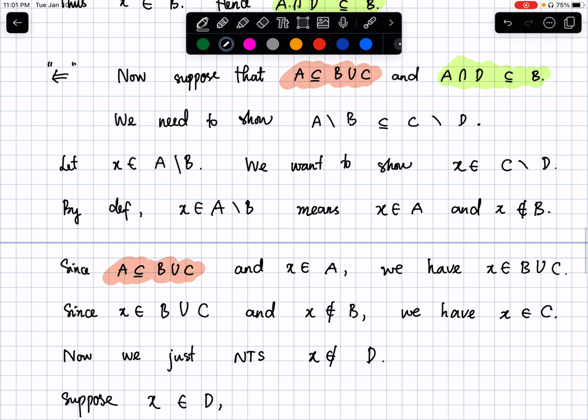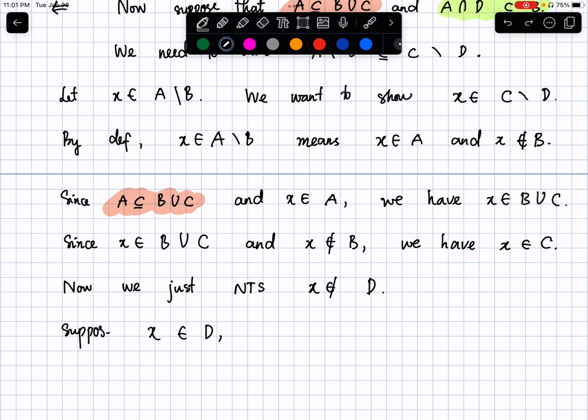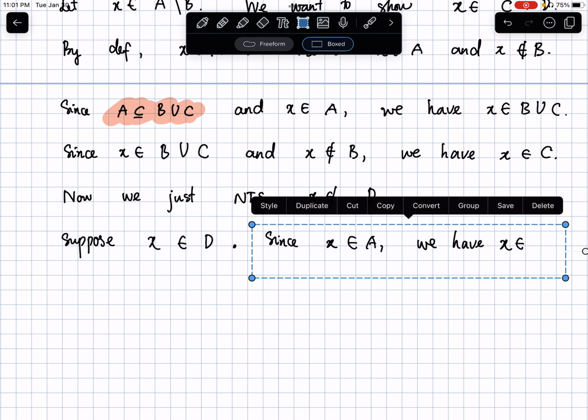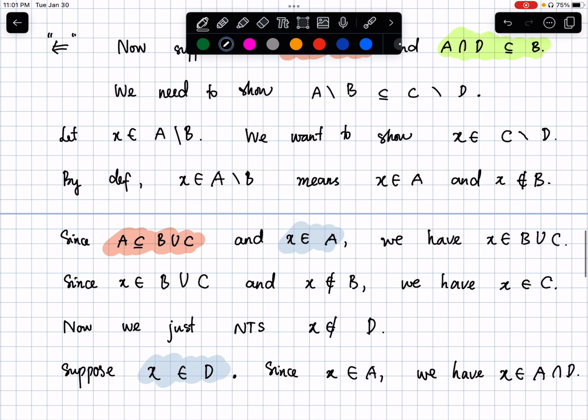Now we have x in A, x in D. Since x is also in A, we must have x in the intersection, I'm sorry, I should highlight this, x in A and x in D. Therefore, x in A intersect D. Okay. But A intersect D is a subset of B, right?